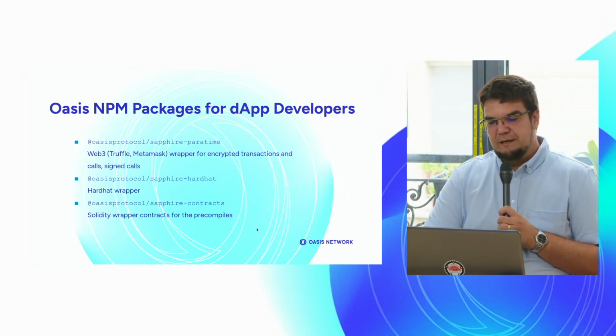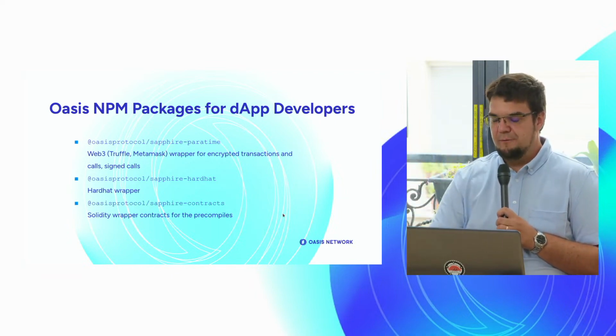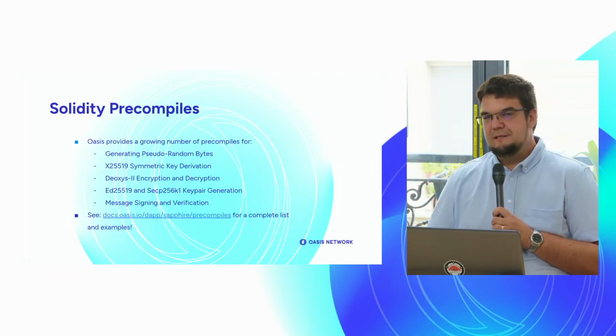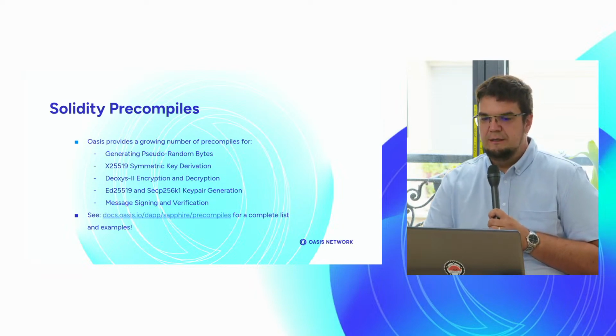Now the last package are the Solidity precompiles, Solidity wrappers for our precompiles. In the last year, we added a bunch of very useful, fancy precompiles into our platform. One is for generating pseudo-random numbers, the RNG.